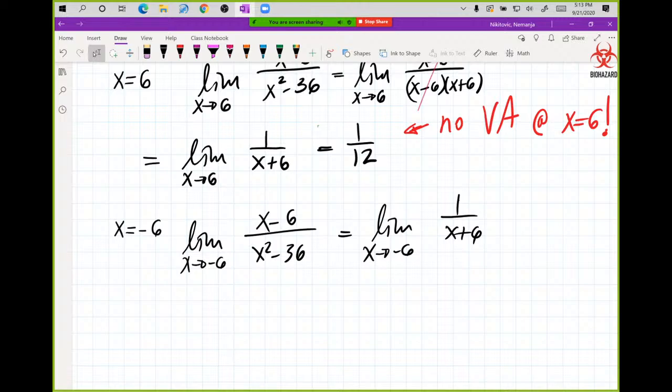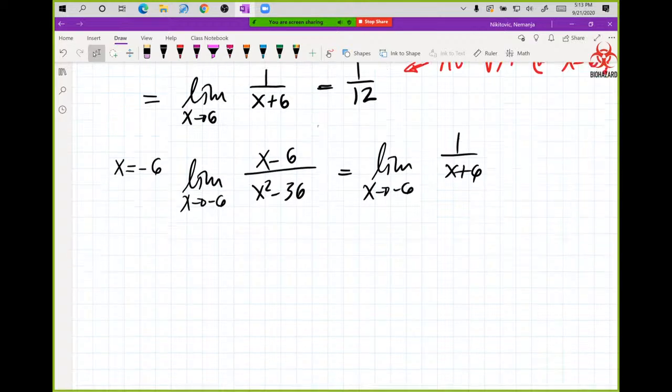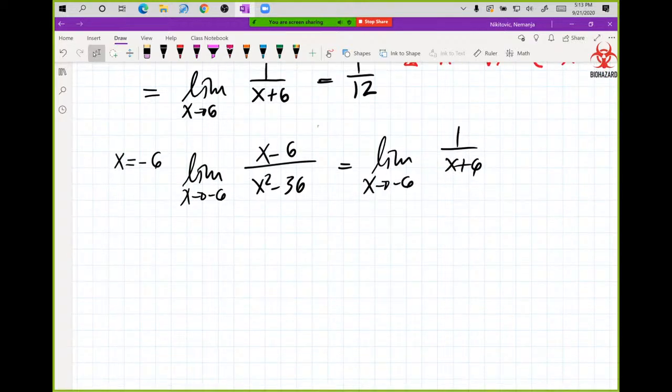So your other method now is to draw that 1 over x graph shifted 6 units to the left because of plus 6, and use the Romeo-Juliet approach. Because the one-sided limits, the Romeo and Juliet approach, always work. It's the overall limit that runs into this situation when you can't do it.